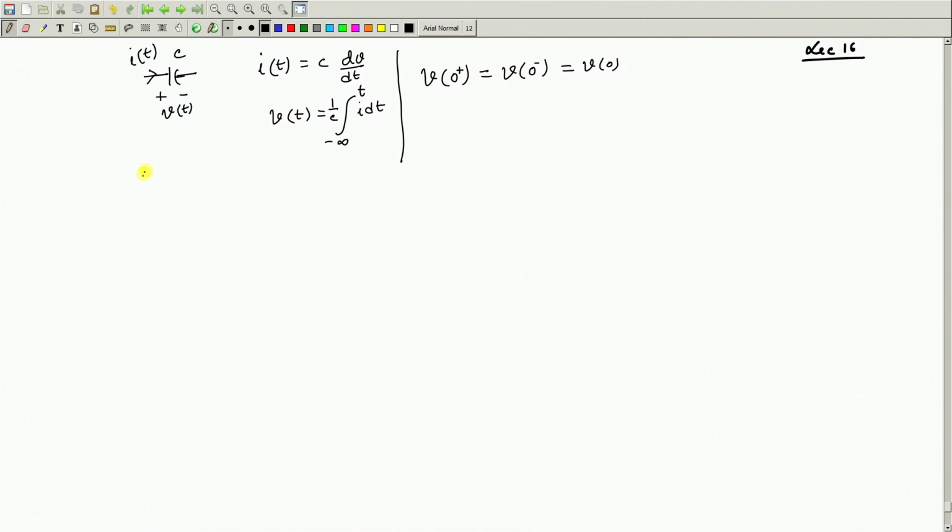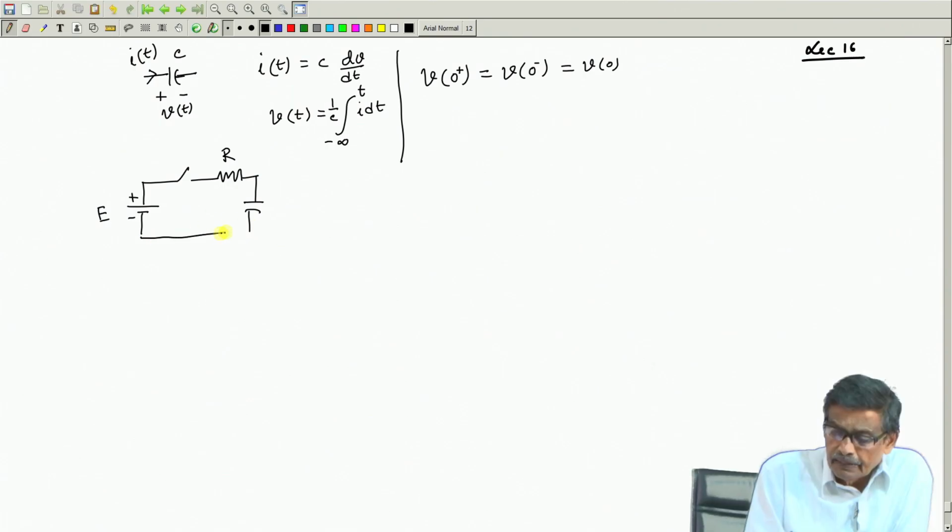Using this, we solved this circuit in the last lecture, that is, if there is a voltage source, a battery, and you have a switch and you want to charge a capacitor, this is one of the simplest circuits.